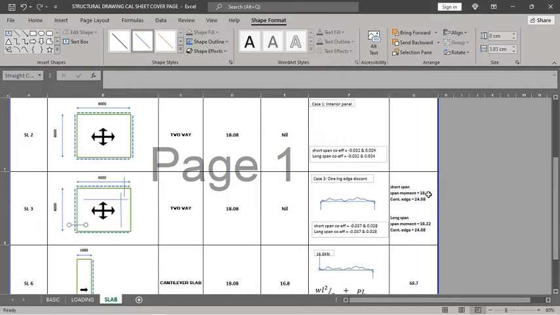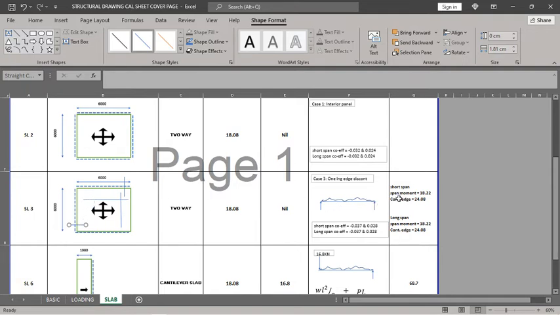So using this span moment for the short span will represent one of the dimensions. If you consider it in this x direction, then the moment you get here is the one you will use to calculate the reinforcement that will come here. Then the continuous edge will be the moment that you use to calculate the reinforcement that will come along the edge of the slab.